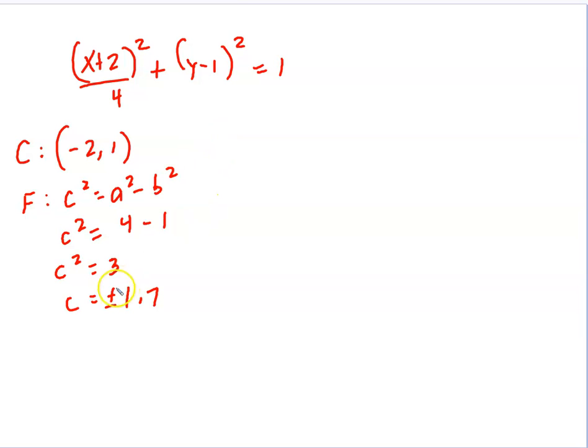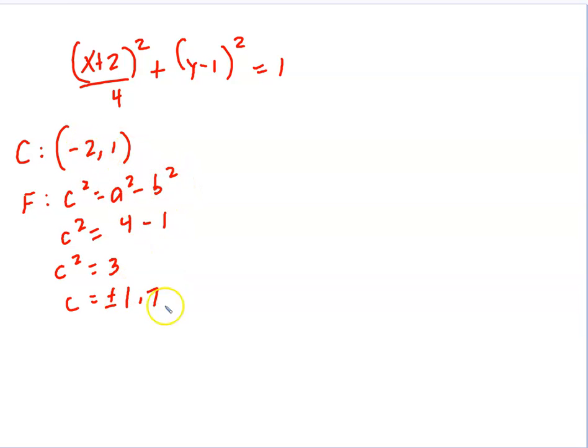All right. So this particular ellipse is wide. The a squared is bigger, obviously, than b squared, and it's underneath x. So we've got a wide ellipse. And so we're going to go left and right 1.7 to get to the focal point.